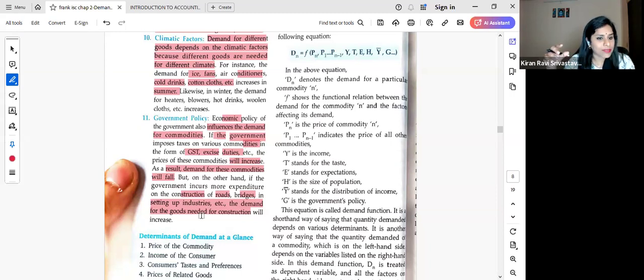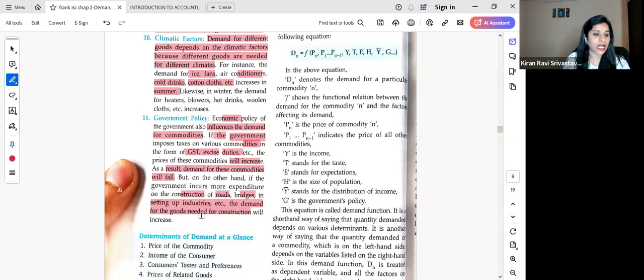So there is the other aspect also. If the government is not increasing taxes and is spending more, to construct bridges and roads, the real estate industry demand will be high. Cement, bricks, steel, rods: all the companies like UltraTech Cement, which produce cement.